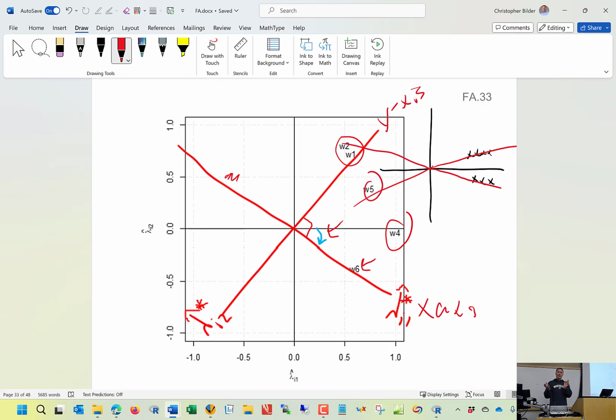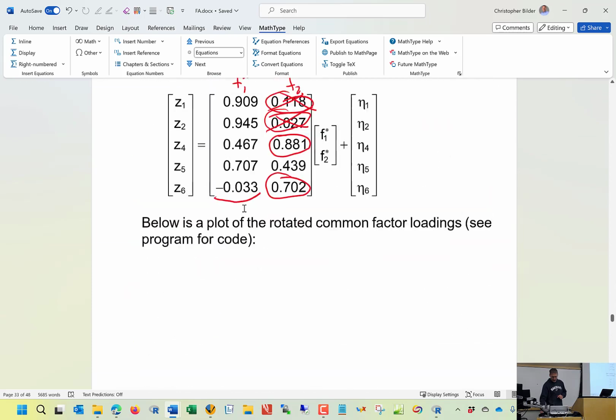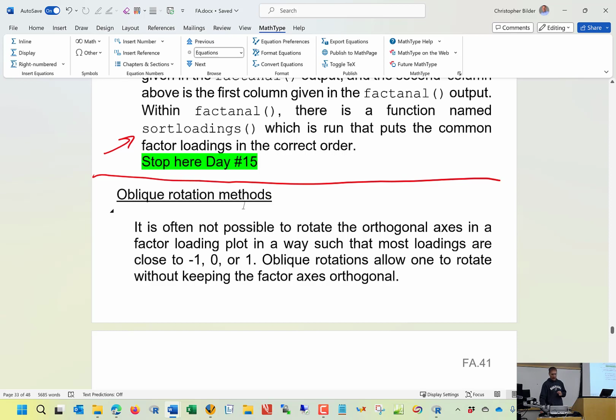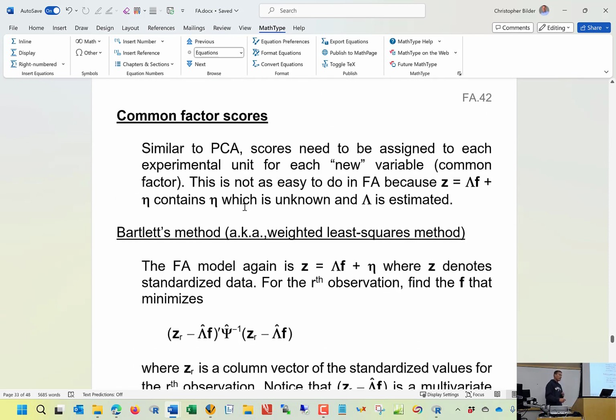So now the common factors are no longer independent of one another, which violates some of the underlying assumptions of our model. For that reason, I've never actually applied these methods, but I wanted to tell you that they do exist, and some people do use them. This information is located on about pages 40 and 41 of the notes. Okay. Now we're going to come back to these common factor scores.